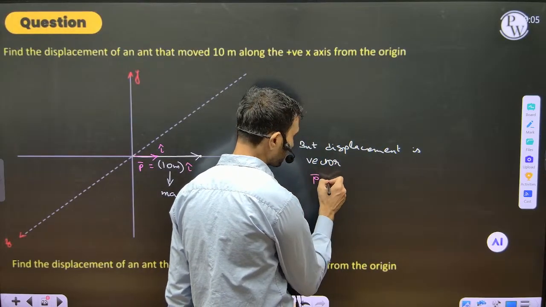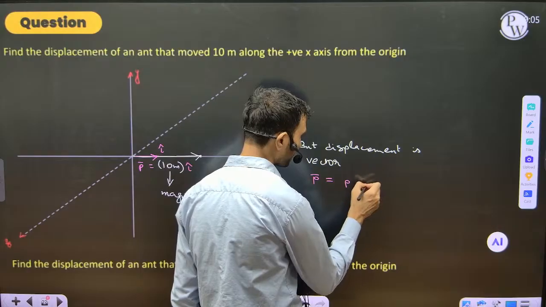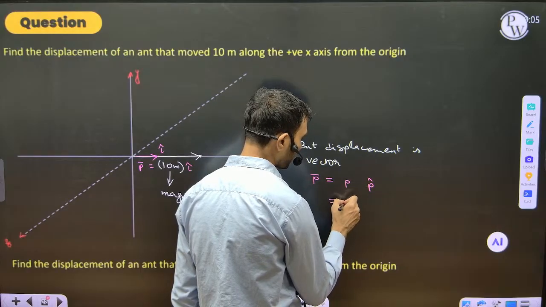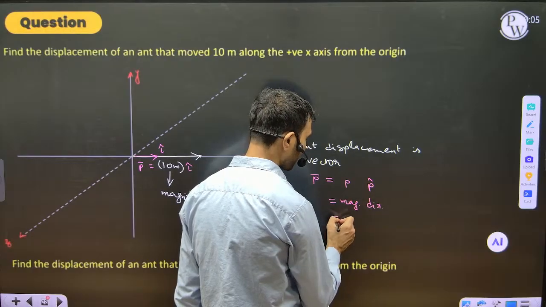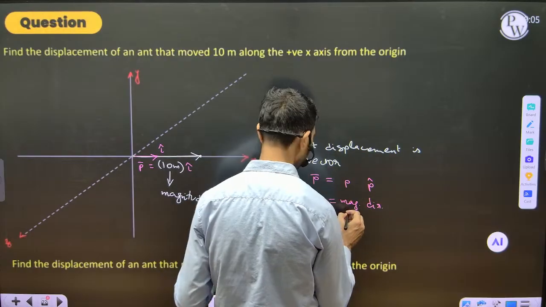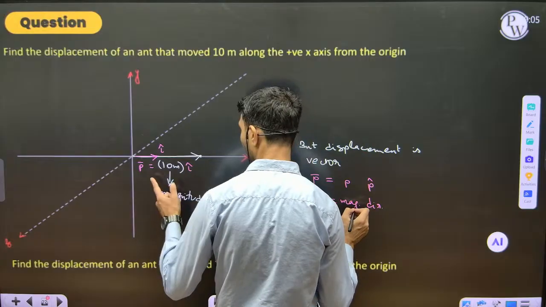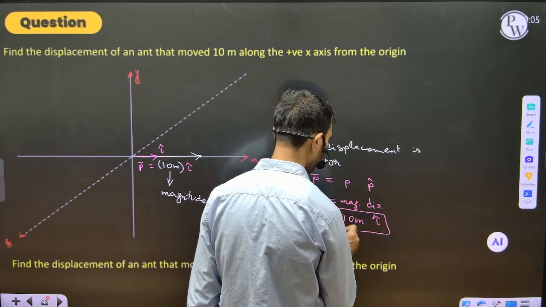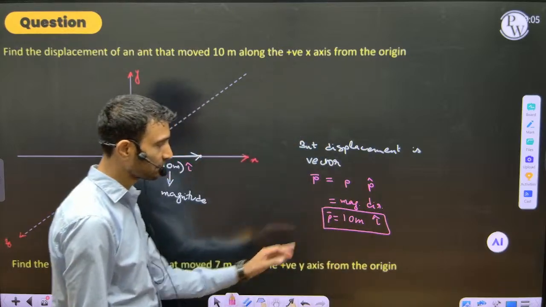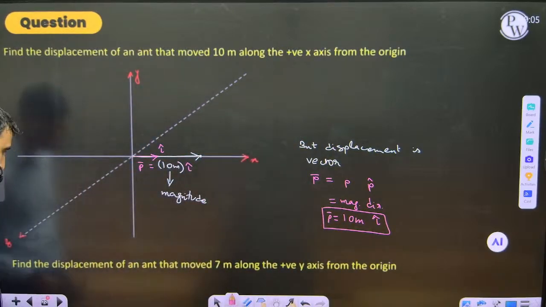So P vector is equal to P into P cap, where P is the magnitude and P cap is the direction, and magnitude is, as you can see, 10 meters, and direction is i cap. So your P vector becomes 10 meter i cap, right? That is a complete thing. That is how you should write it.